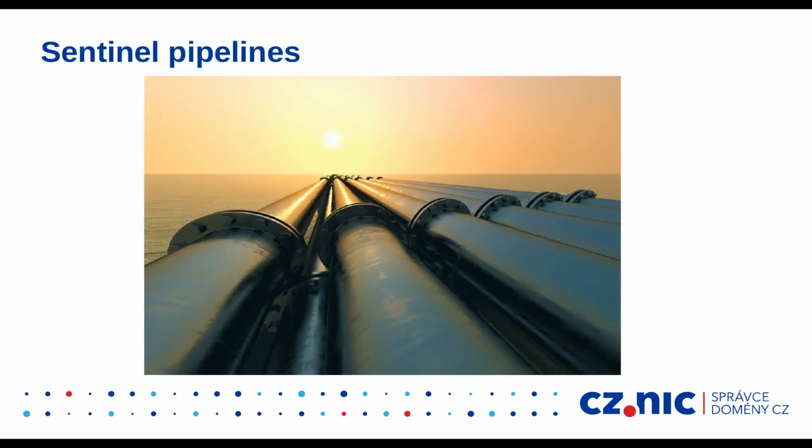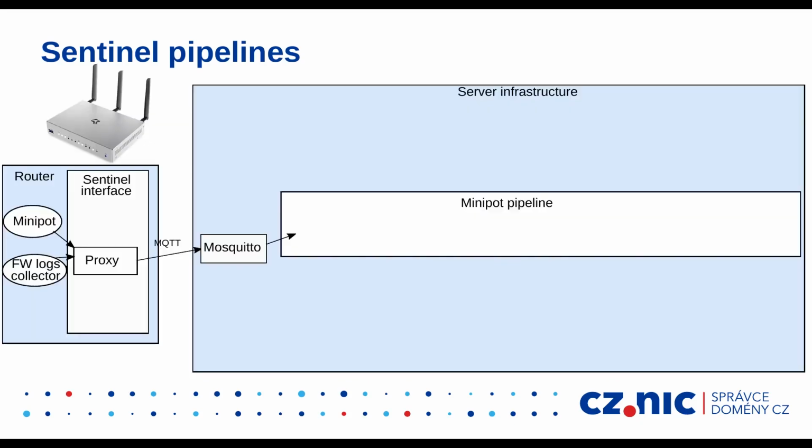Now, you should have a brief knowledge of all the basic patterns and techniques used inside Sentinel Pipeline, so we can delve into details as I'll show you what we built on top of it, and you can as well. It all begins at a Turris router. We already know the Minipod component. Besides it, there are a few other components. Firewall logs collector collects attempts to scan device open ports.